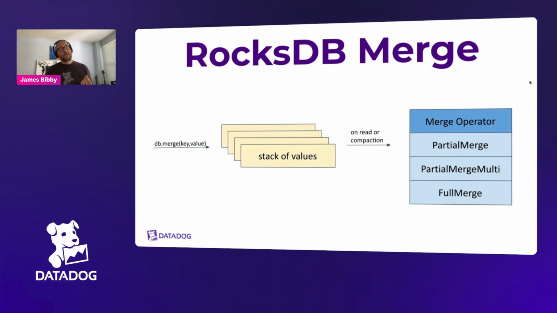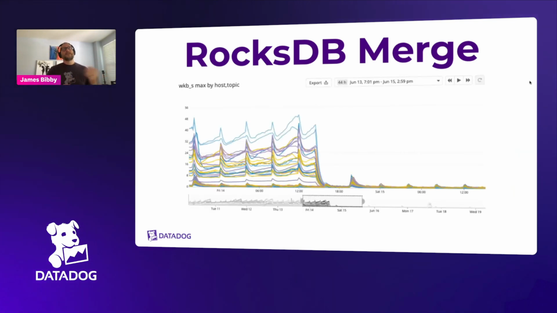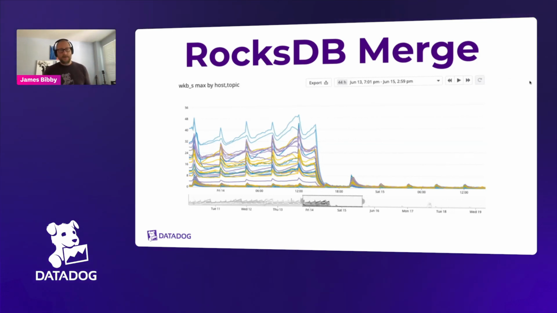The other time that it might do this merge operation is if a query comes in and actually needs to access one of those keys. Rocks will understand that there are pending merges for that key, execute those merges, and give you a final value back out. So what it resulted in for us was the ability to write a lot faster. Because our application really is write throughput focused, the number of writes that we get of points in a day compared to the number of queries that we actually service is orders of magnitude different.